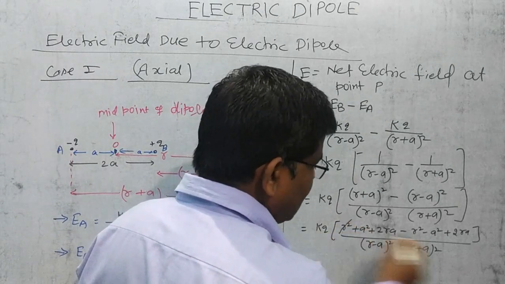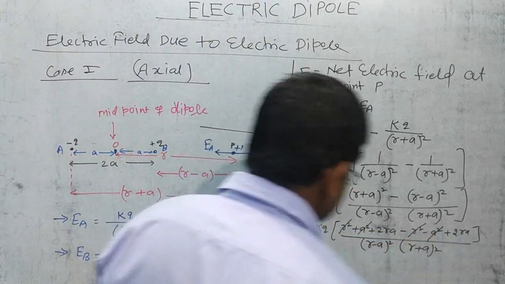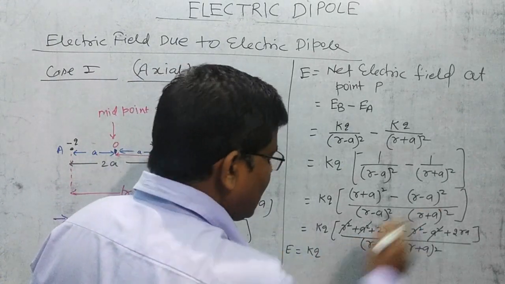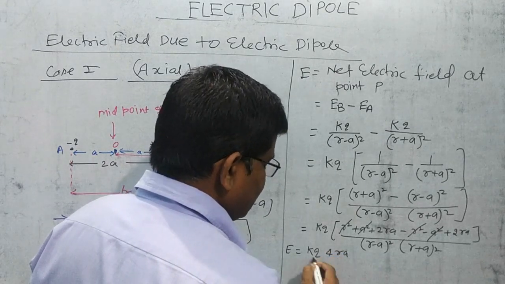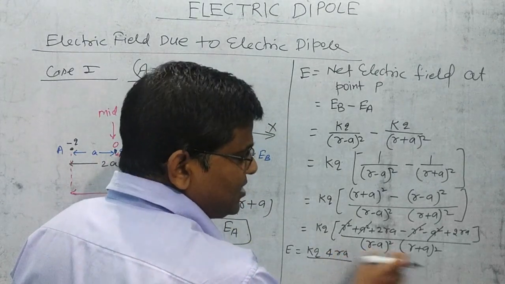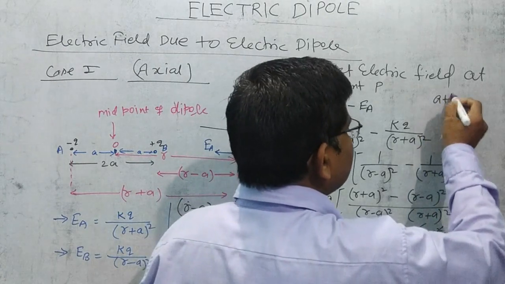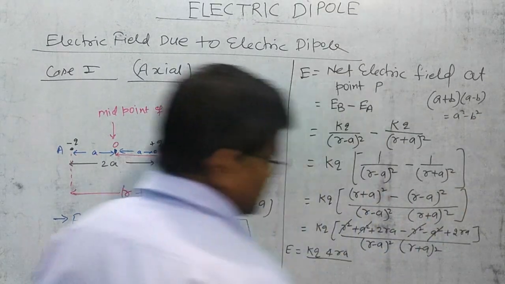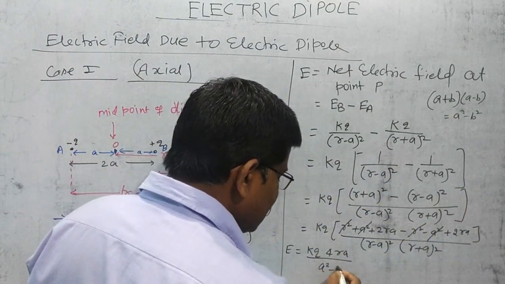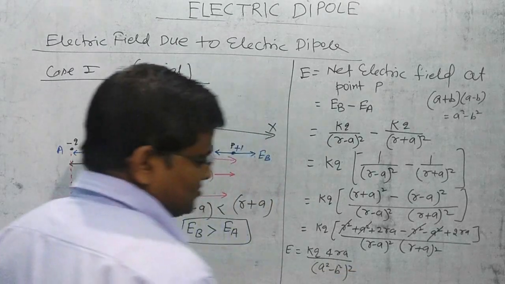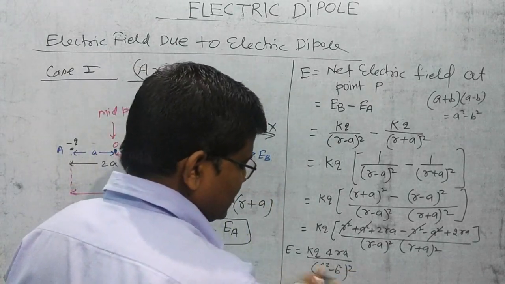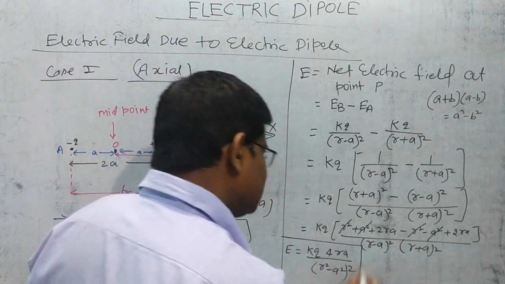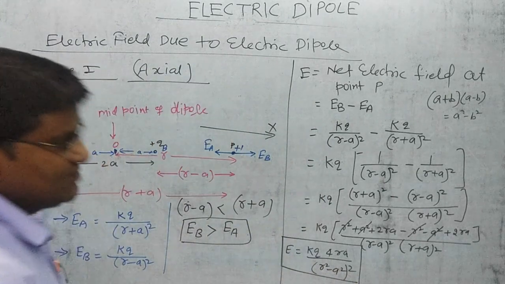R square cancels, A square and A square cancel. Then the electric field is KQ, 2RA and 2RA make 4RA, upon (R minus A) into (R plus A). As you know, (R plus A) into (R minus A) equals R square minus A square. Then this becomes (R square minus A square) whole square. This is the net electric field.